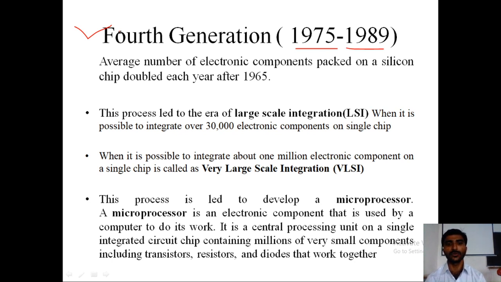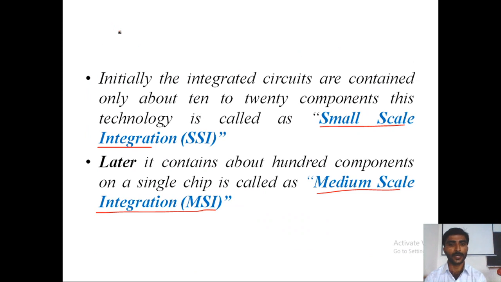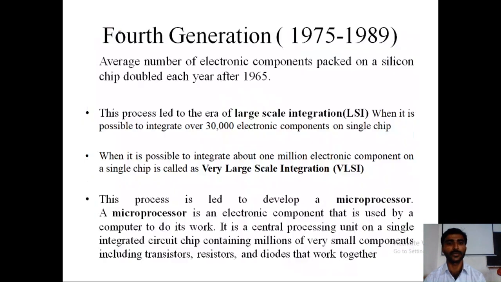This process led to the era of large scale integration, when it became possible to integrate over 30,000 electronic components on a single chip. Only 10 to 20 components in one chip is small scale integration, 100 components is medium scale integration, and when it is doubled in the fourth generation, over 30,000 components on a single chip is called large scale integration, LSI.